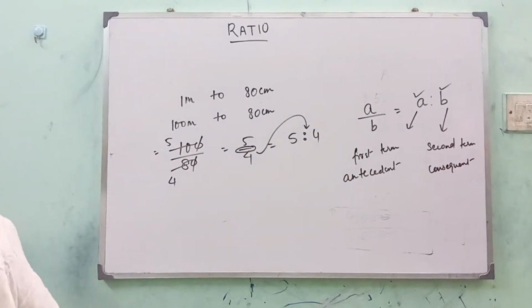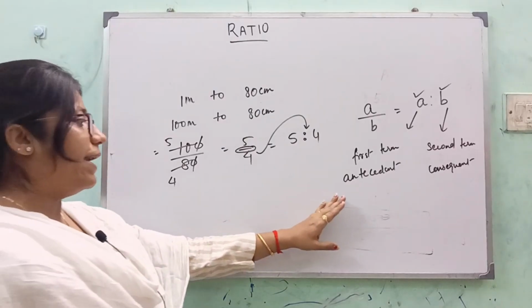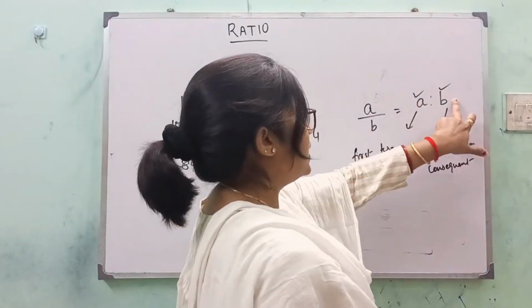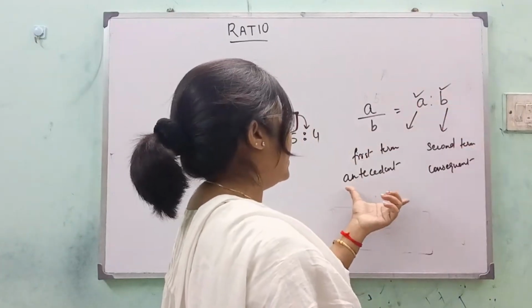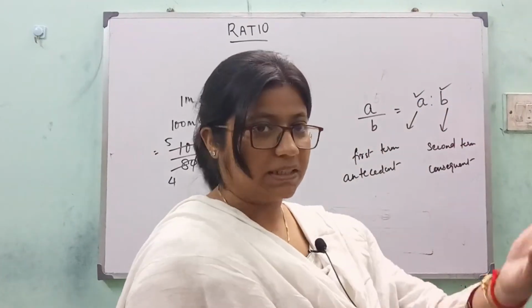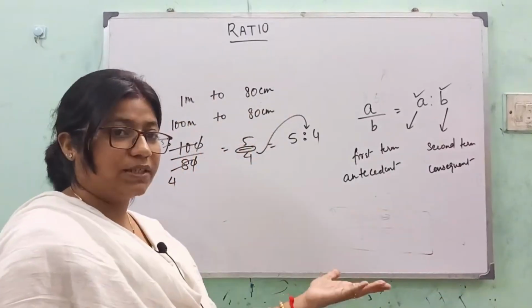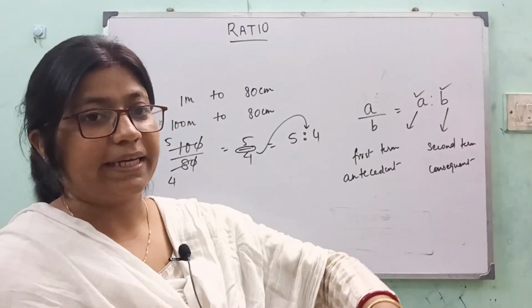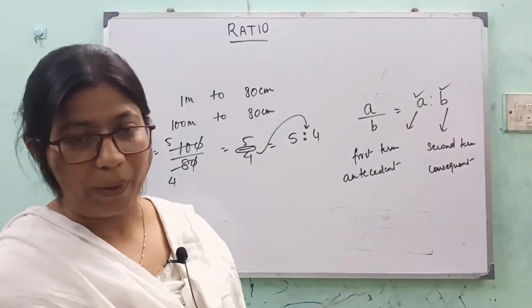Okay, the two terms, antecedent and the consequent. Some might forget, so remember first and second. In alphabetical order, A comes first and C comes later. So A represents the first one and C represents the second one. So antecedent and consequent.